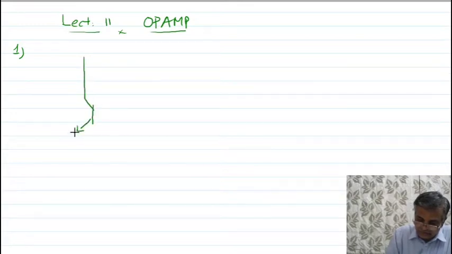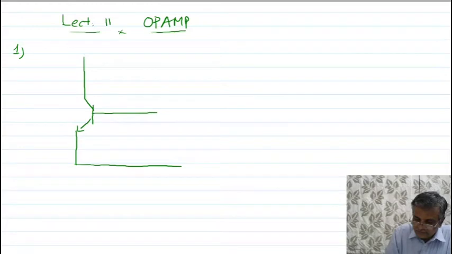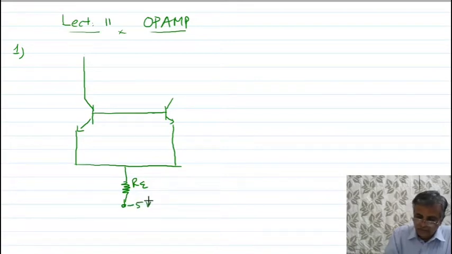In this circuit, the emitters of both of the transistors are coupled. It is connected to minus 5 volt here. This is plus 5 volt.